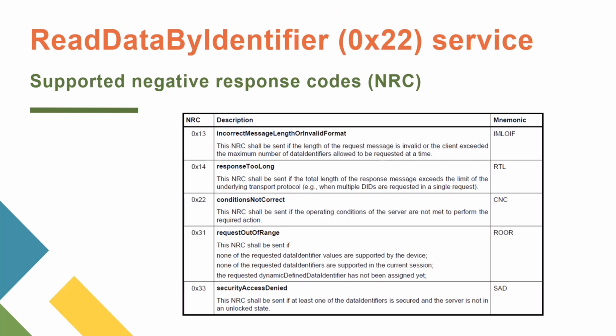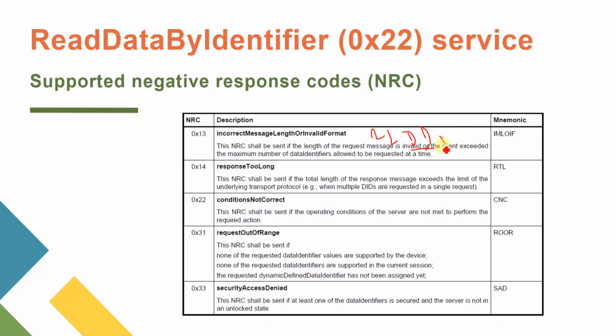NRC 13 is incorrect message length or invalid format. The format is that I send 22 and a 2-byte DID number. Instead of 2 bytes, if I send 3 bytes, that will be an incorrect message length, because the request message we configured has 1 byte of SID and 2 bytes of DID.